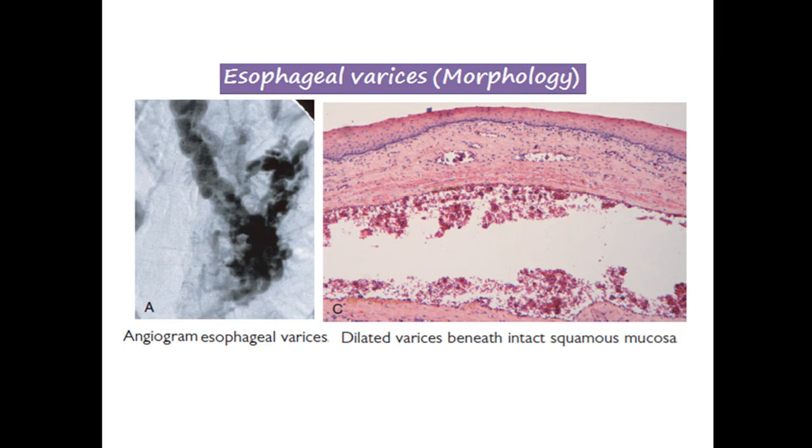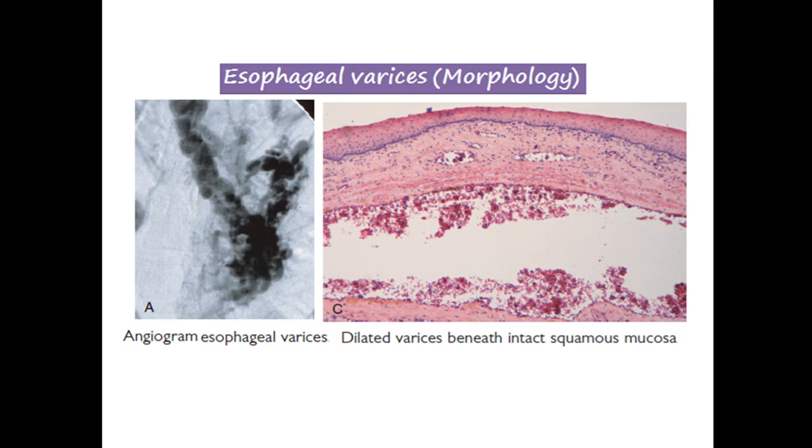Now, here in this picture, the picture on the left side consists of an angiogram of esophageal varices. In angiography or in an angiogram, a radiopaque dye is injected into the circulation, and this we can see through imaging techniques.